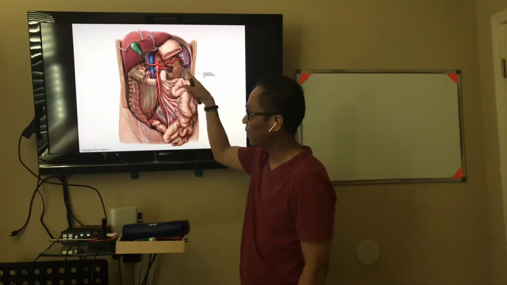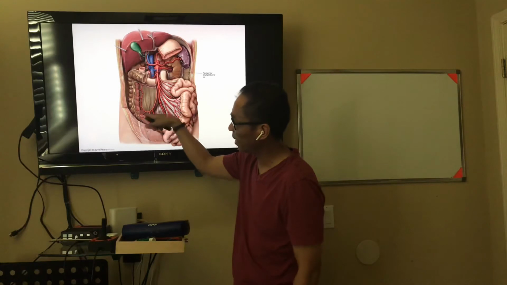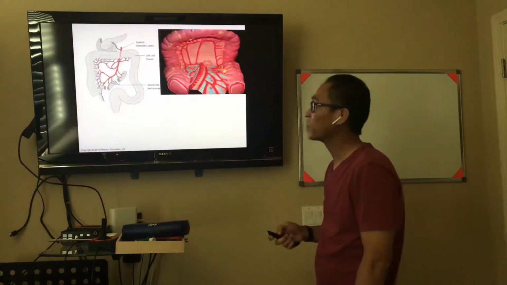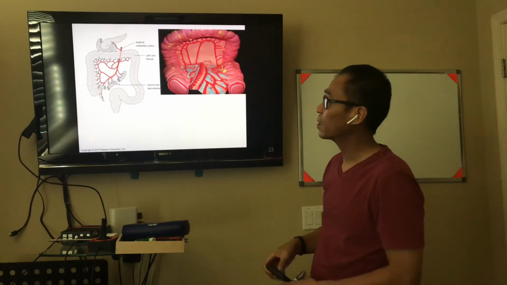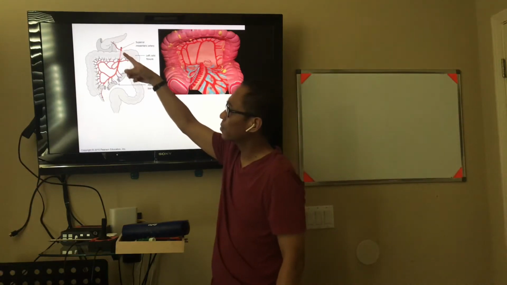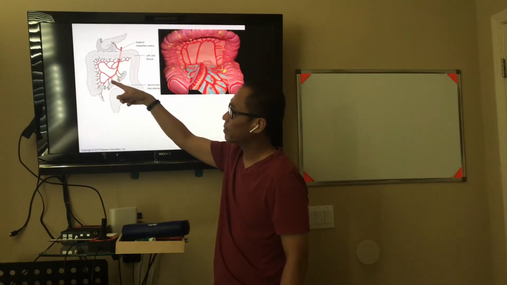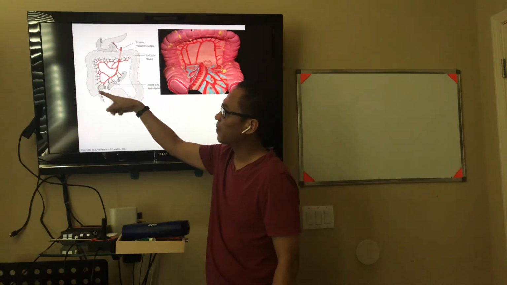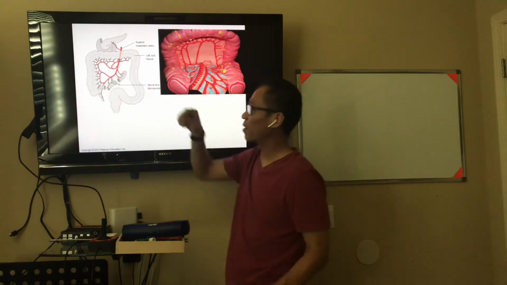It's been cut away there, but you can see some of these branches are going to the ascending colon there. So in this picture here, it shows that the superior mesenteric artery is going off this way to the right, and its branches are supplying blood to the jejunum, the ileum, and the colon, all the way up to the left colic flexure.